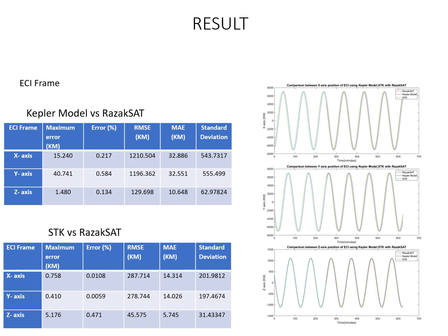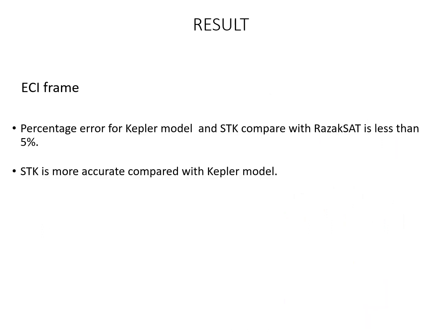Using the maximum error, percentage error, RMSE, MAE, and standard deviation, we analyse the three axes X, Y, Z. From the result, we can see that the Keplerian orbit model and STK give the same pattern and trend line as the Razaksat data for the three axes. The percentage error for the Keplerian orbit model and STK compared with Razaksat is less than 5%. This means that, from this result, STK is more accurate compared with the Keplerian orbit model.